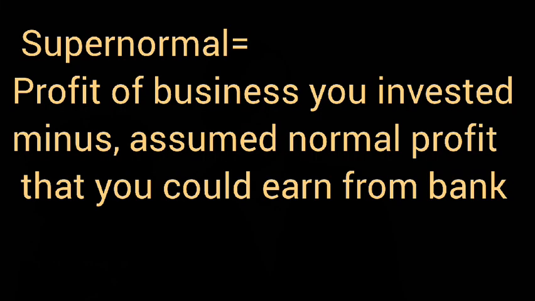In order to understand whether you have got normal profit or supernormal profit, you need to take the profit that you have got, minus normal profit that you might get when you invest that money in a bank. After getting that amount, you get supernormal profit. So supernormal profit is total revenues minus explicit costs minus normal profit that you expected to earn from the bank.